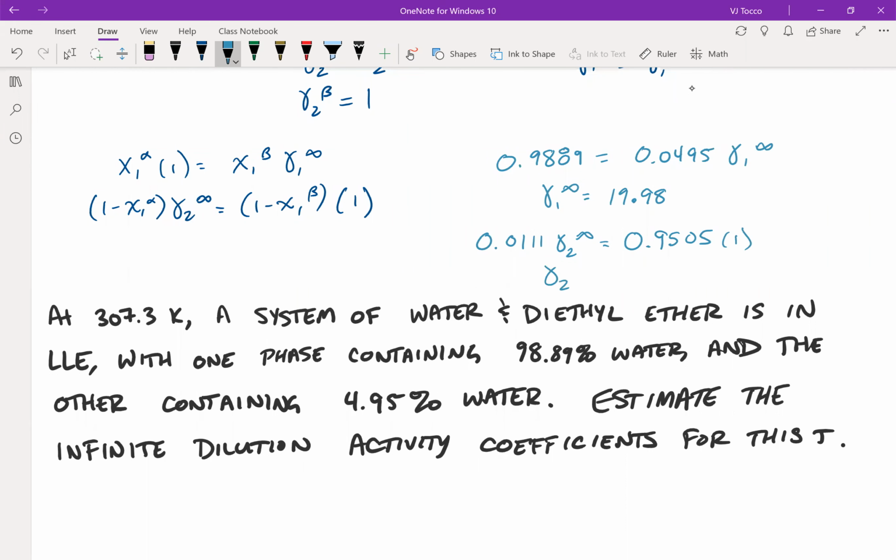Another simple division gives me gamma 2 infinity equal to 85.63.